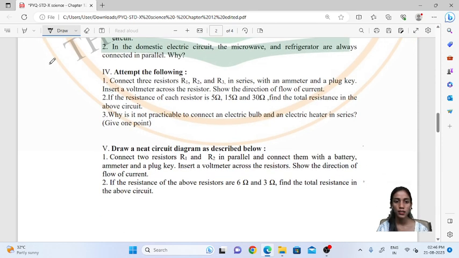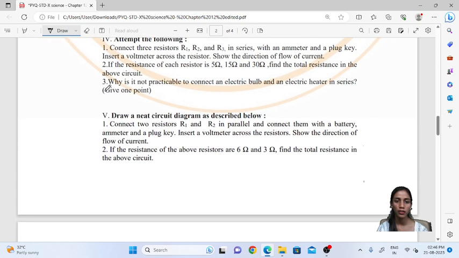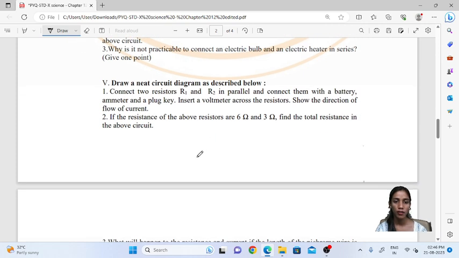Connect 3 resistors with the ammeter, plug key, then find the total resistance. Then, why is it not practical to connect an electric bulb and heater in series? In series, the current flowing through the entire circuit is the same, and these gadgets require different currents. That's the reason. Now connect the 2 resistors R1 and R2 in parallel and connect them with the battery.